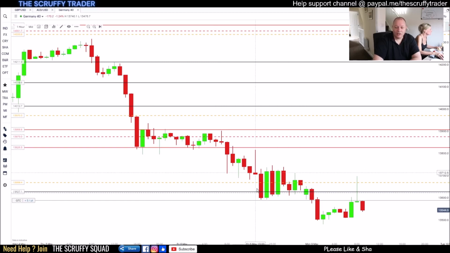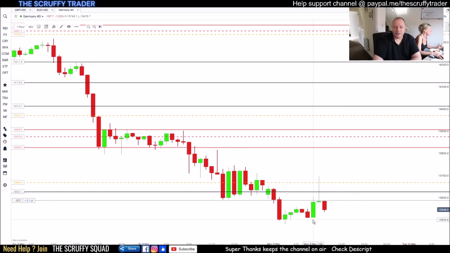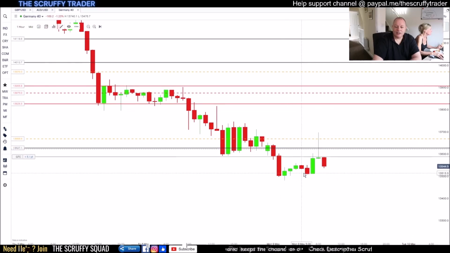It's had a good go at trying to get up, as you can see with these big bodies, but every time they came in, the sellers pushed it down. But it eventually found this level. It's dropped off, and it hasn't really made any attempt to go any lower. And the greens, as you can see, is definitely overpowering the sellers at this point.